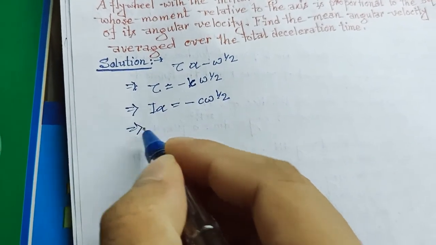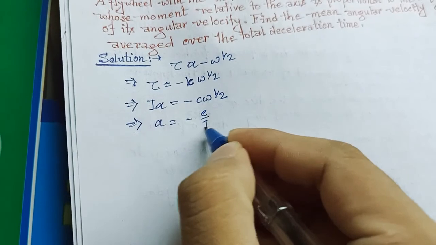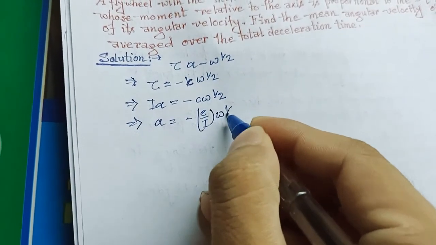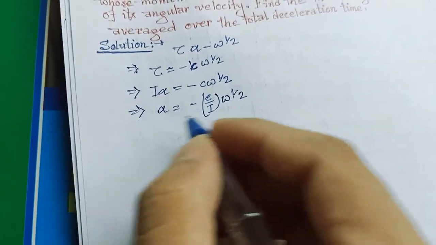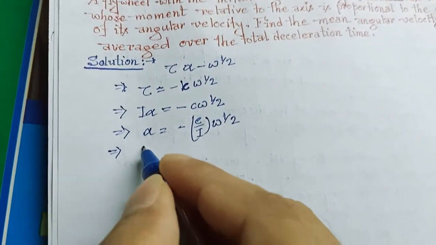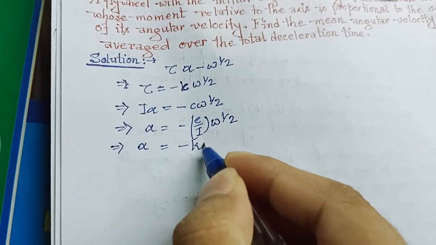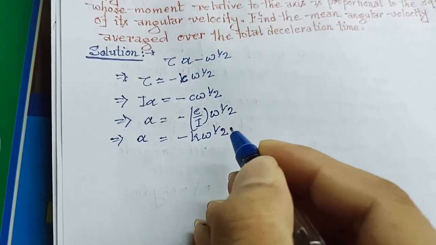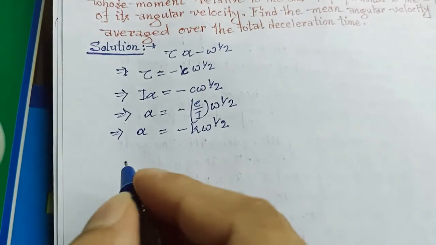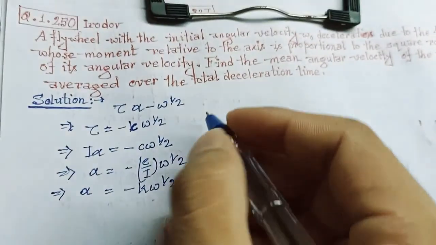So again we can write alpha is equal to minus c divided by I into omega to the power half. Now we can substitute c divided by I by k, so our alpha will become minus k omega to the power half. Now we have to find the time calculation.